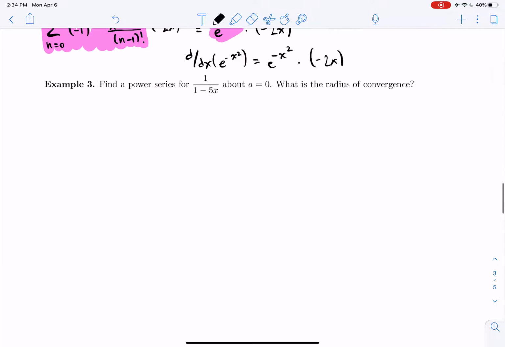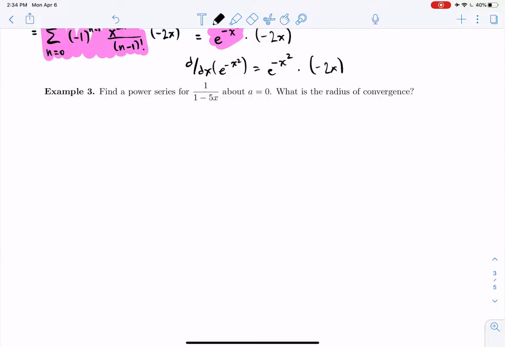Okay, example 3 is, to be honest, the other two examples are lovely, but they're pretty intense. This example hopefully serves to just be a simple, let's put all this together and review what we've been able to do.